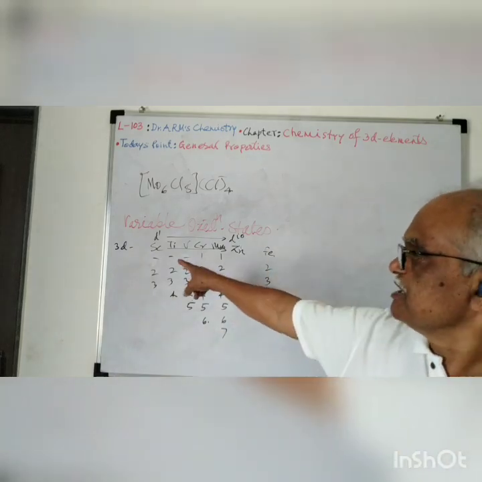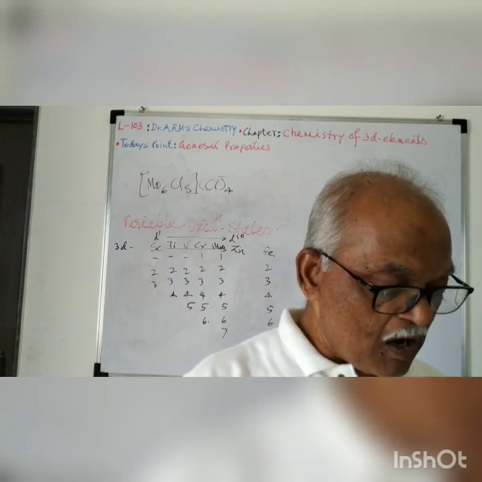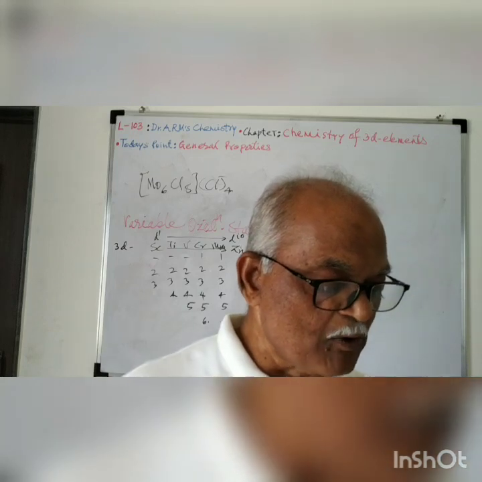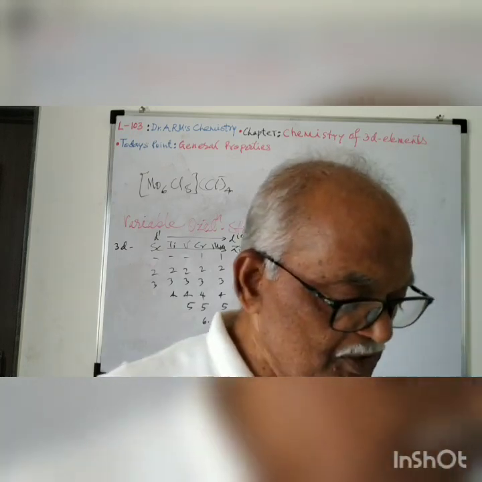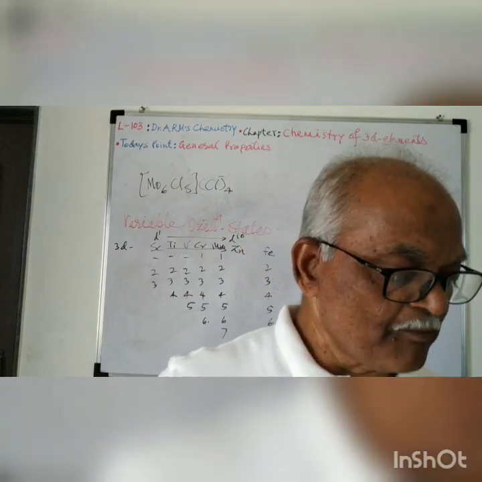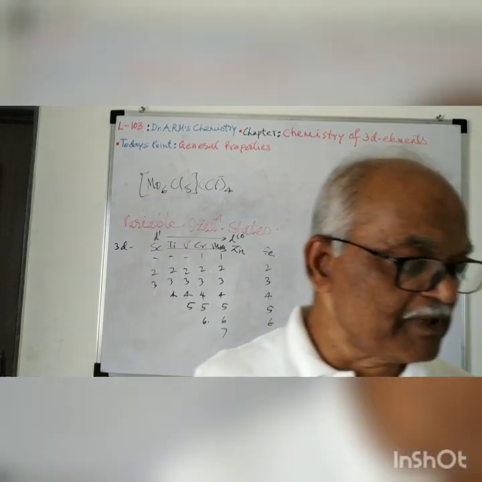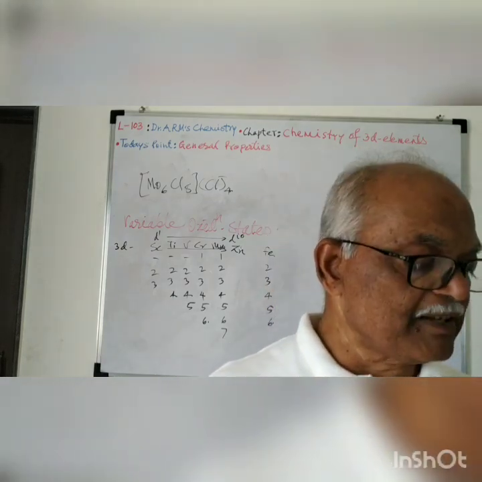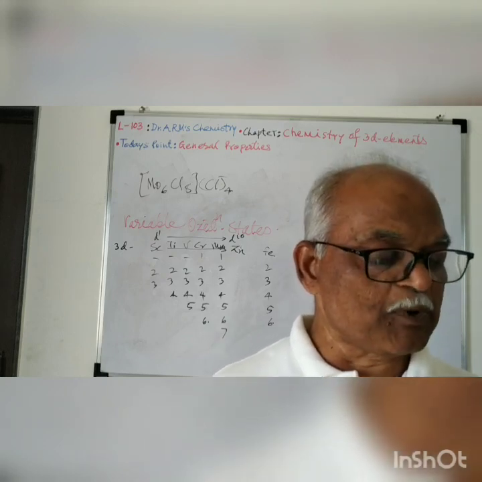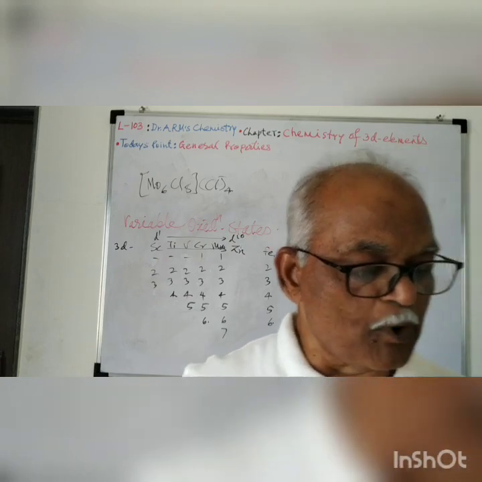Similar to the 3D series, the metals of this 4D series, yttrium, zirconium, niobium, molybdenum, technetium, ruthenium, rhodium, palladium, silver and cadmium, also exhibit various oxidation states. Yttrium gives only 1 oxidation state, plus 3. Zirconium gives 3 oxidation states, plus 2, plus 3, plus 4. Niobium gives 2, 3, 4, 5.